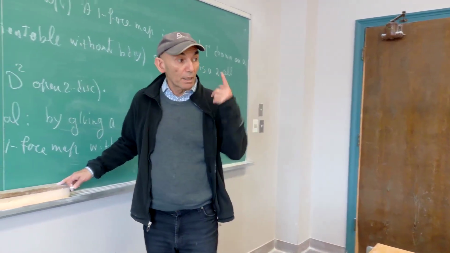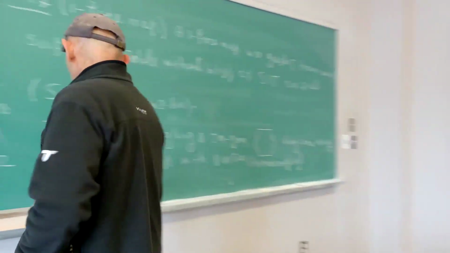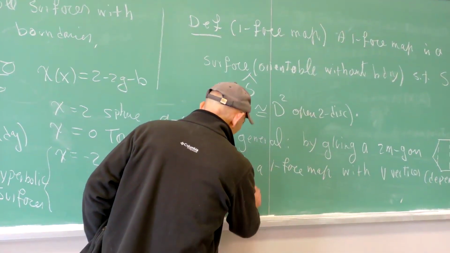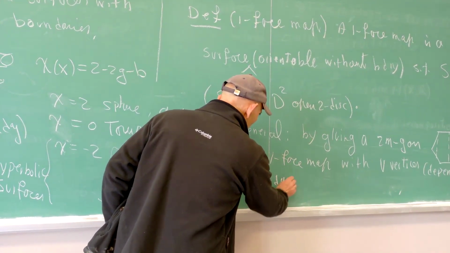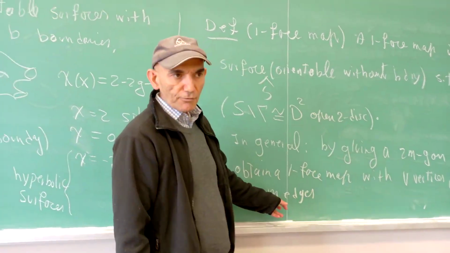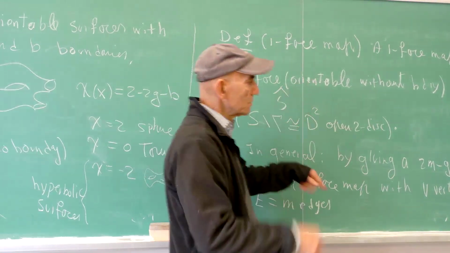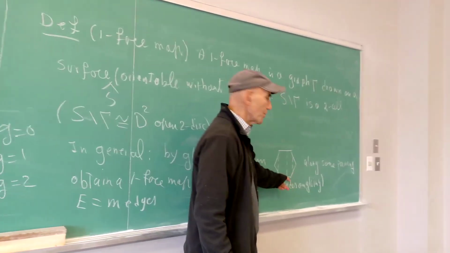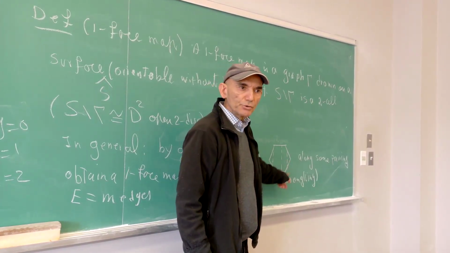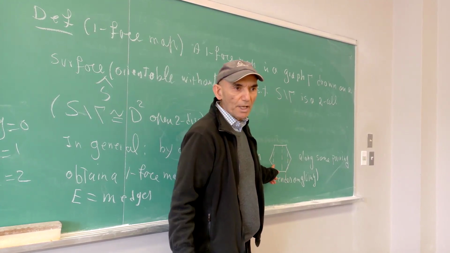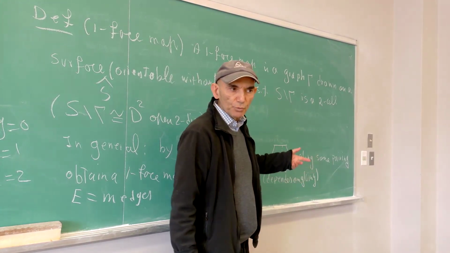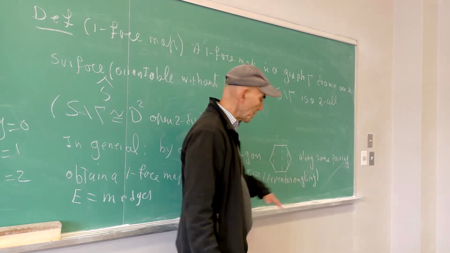E equal to M edges. That's independent of gluing because after all, we're identifying these edges two by two. So we have 2M edges originally, and we identify them two by two, so we're going to get M edges.